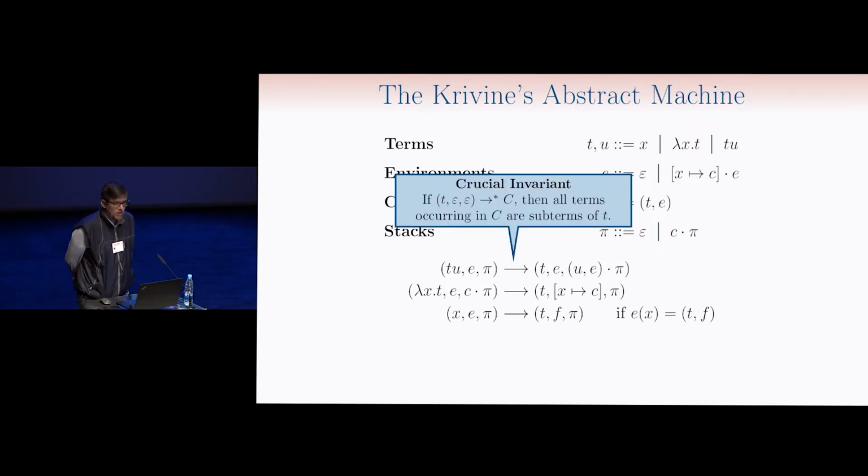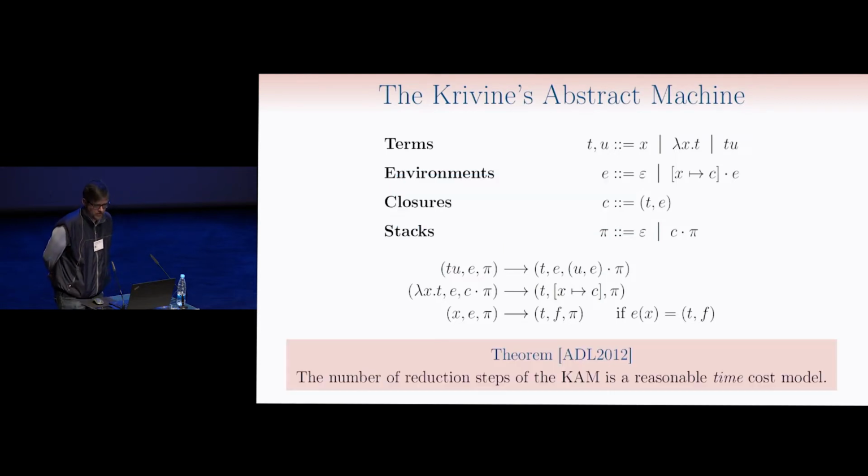On the other hand, you have a crucial invariant that is the following one. Every reachable configuration is such that all terms appearing in the configurations are subterms of the initial term, which is very good. This means that you don't create new terms. You just navigate inside the initial term, as far as the first component is concerned, of course.